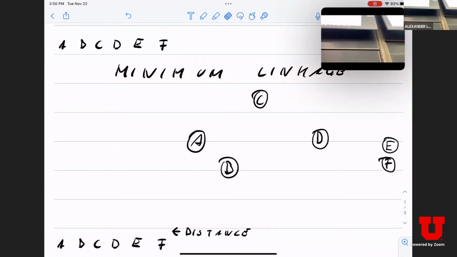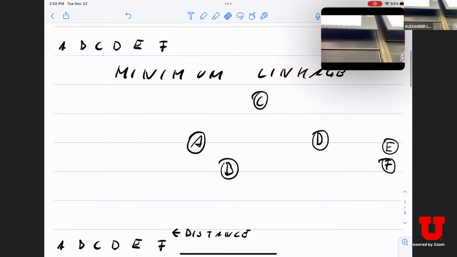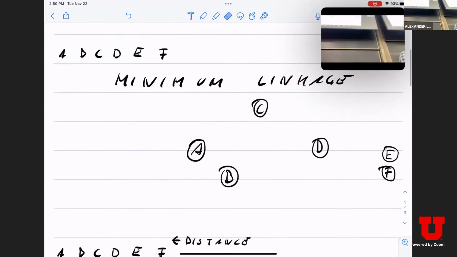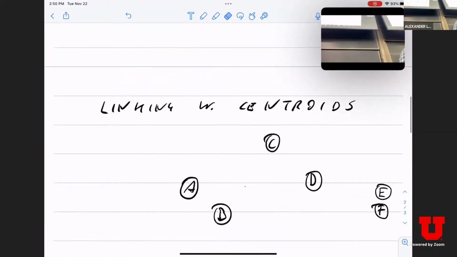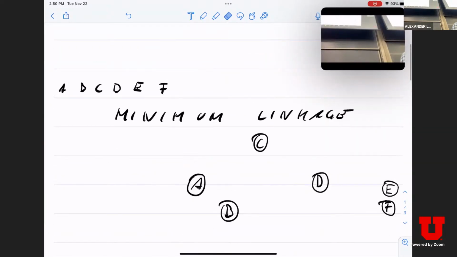And so what I can do, there are different linkage algorithms. There's the minimum linkage algorithm, or there's a linkage with centroids. And let's start with minimum linkage.